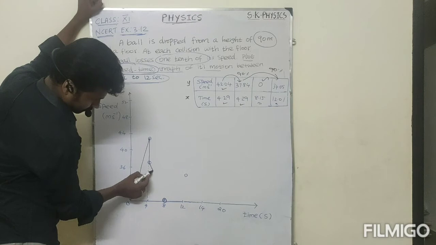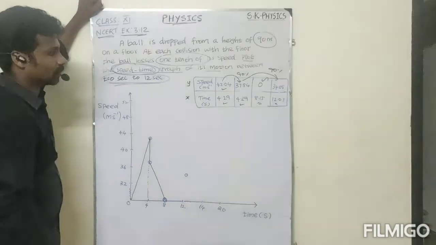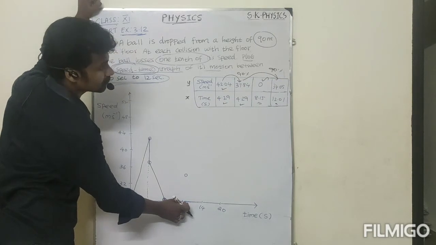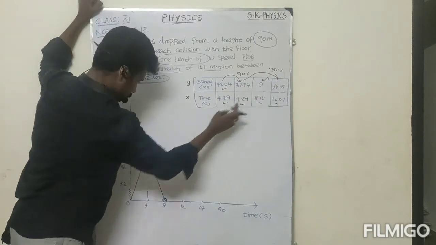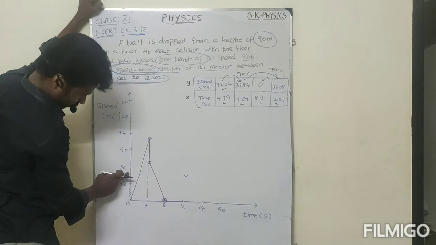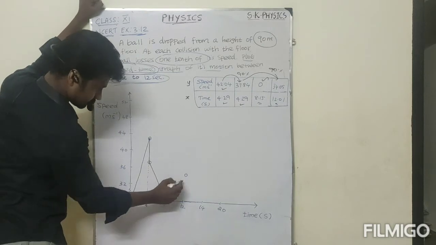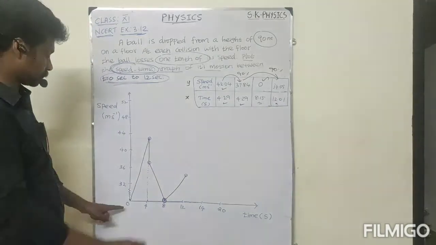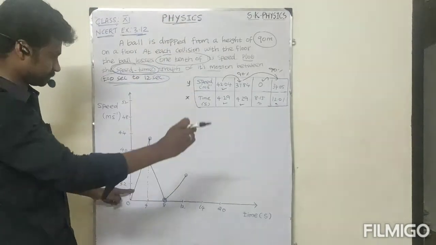So I join here. After that 12.01, approximately here, 34.05. So here, the ball is over there.